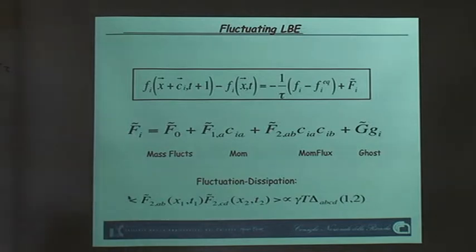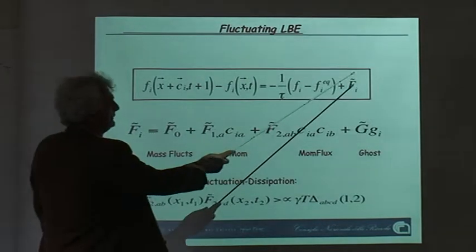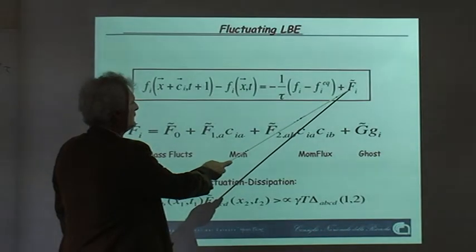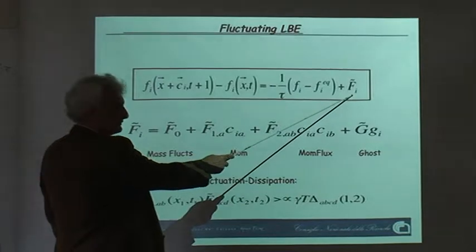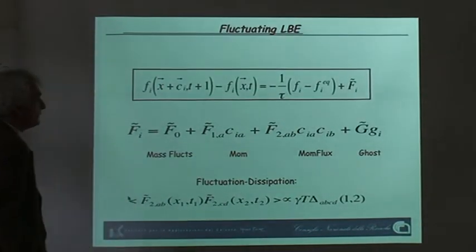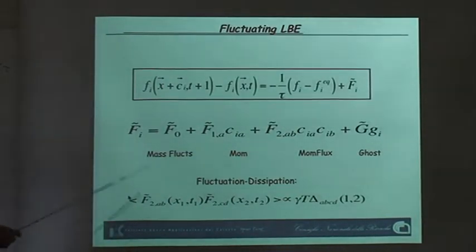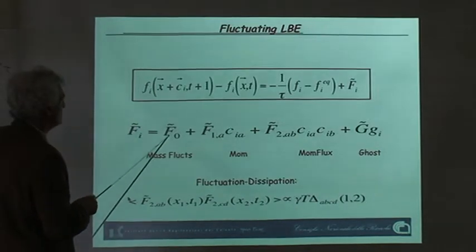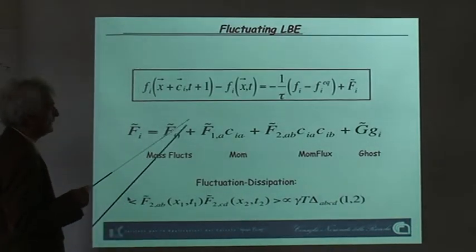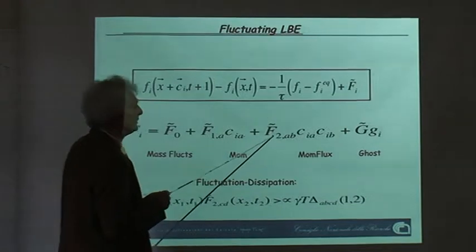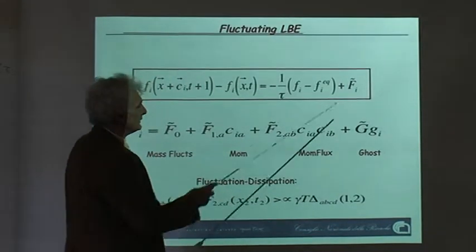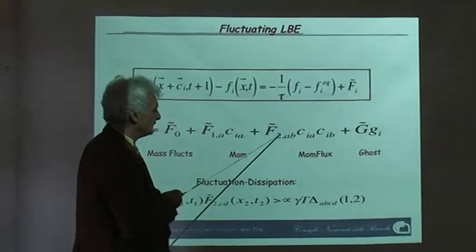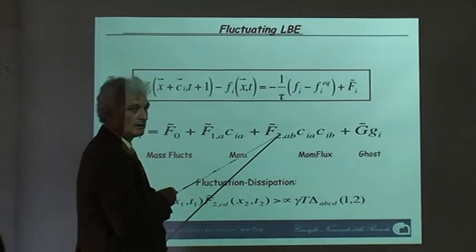And there again, our Holdermyth comes in helpful because this is the one we saw early on in the lecture. I call it F tilde because this is a fluctuating force. And the fluctuating force you treat mechanically just like any other force. You have to know how mass and fluctuation contribute to the mass, the momentum, and the momentum flux, and eventually the ghosts. And I can tell you that as far as this application is concerned, the crucial thing is the momentum flux.